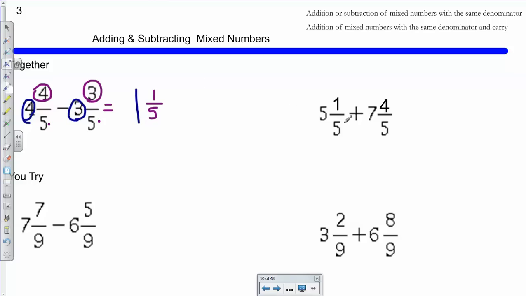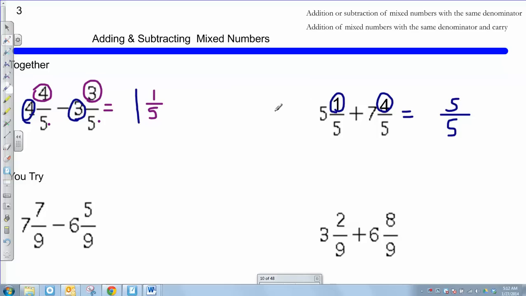Right, let's take a look at our next problem here. Again, I know that I have the same denominator, so I just need to add my two numerators. 1 plus 4 is 5.